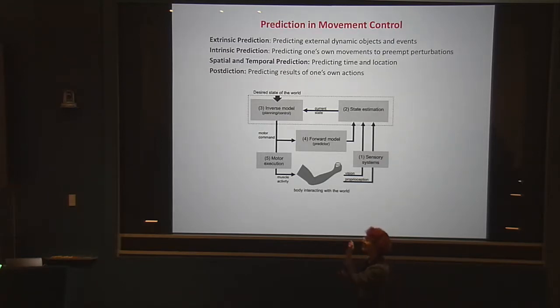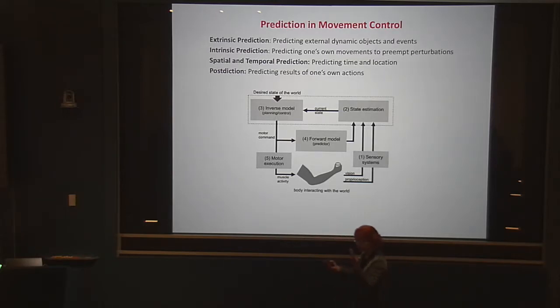But there is more than this extrinsic prediction. There is also intrinsic prediction that is part and parcel of all the movements that we do. This is exemplified in this diagram, but let me summarize briefly. We are a multi-segmented body. When I move my hands quickly and the rest of my body does nothing, I perturb myself and I will fall back.